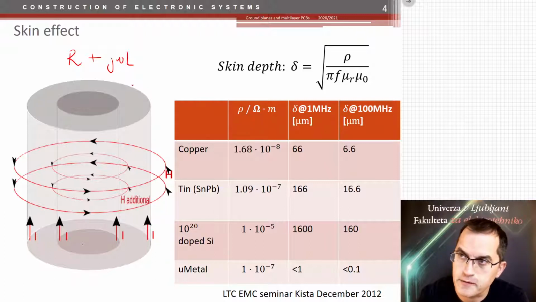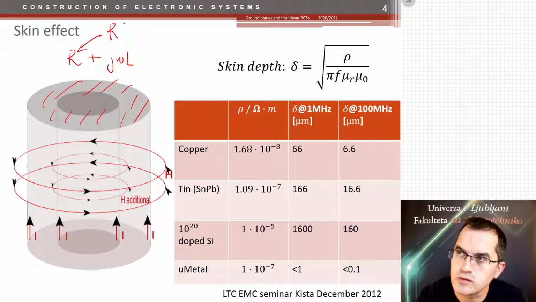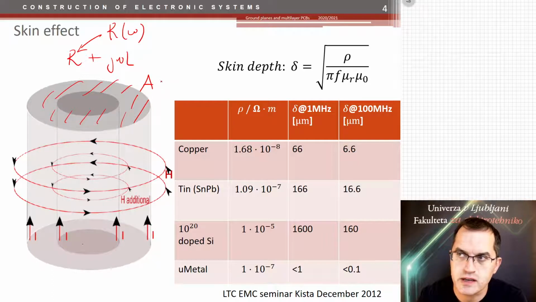But then if it flows on the surface of the inductor, like here, then the resistance also increases. So resistance is also dependent on the frequency because of the cross section getting smaller. The cross section is proportional to one over the frequency.